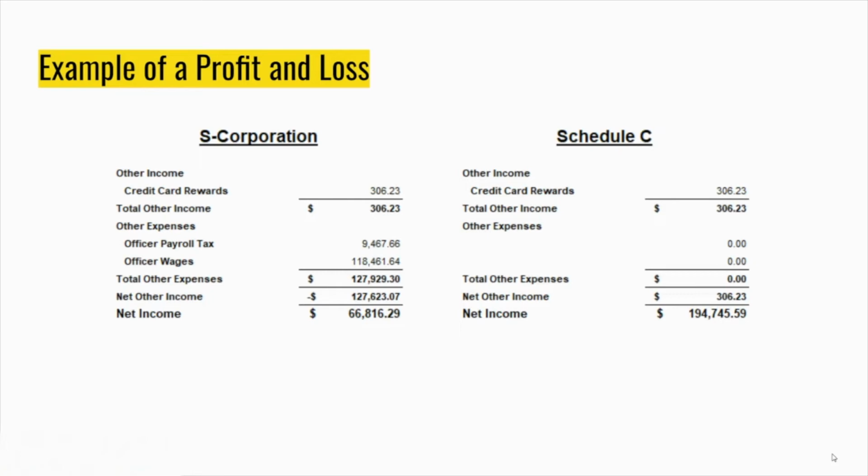But over on the S corporation side, we start at that $194,000 of net operating income, and then we subtract out the W-2 wages that were paid to the owner, and that gets us to our bottom line net income for the business. So that's some of the differences between an S corporation P&L and, I'll call it, a non-S corporation P&L, basically a sole proprietor, a single member LLC, or a partnership if you have two owners.